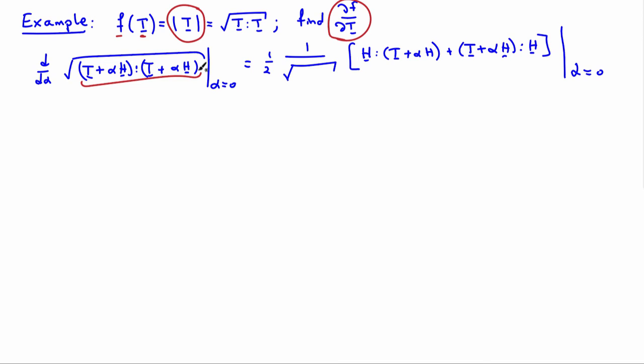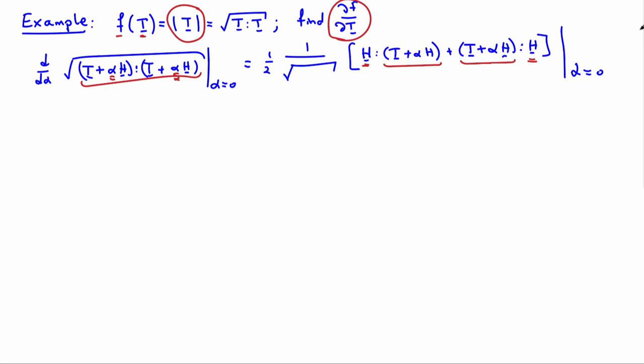And then I take the derivative of the argument of the square root with respect to alpha. So then alpha appears in two spots. So in the first spot, when I take the derivative with respect to alpha, I'll get an h, and the t plus alpha h goes along for the ride. And then I take the derivative with respect to the second alpha, and that's going to give me an h here, and then the first t plus alpha h goes along for the ride.